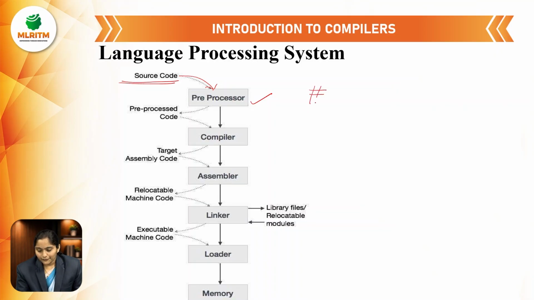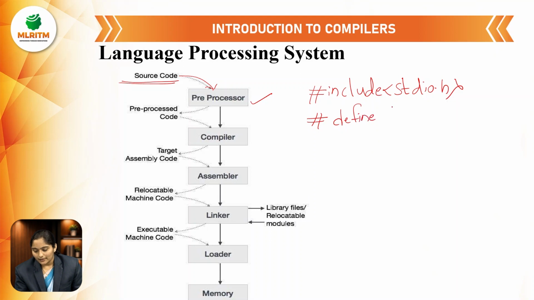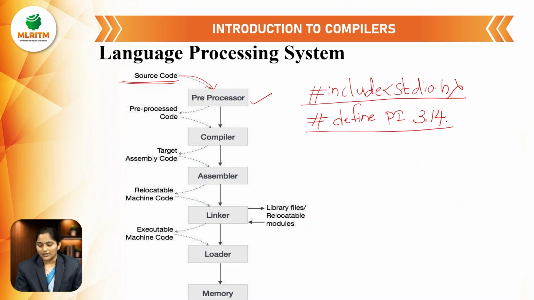If your program contains preprocessor directives like #include <stdio.h>, or if you define any symbolic constants like #define PI 3.14, the preprocessor eliminates these statements and includes the necessary declarations or files required from stdio.h.